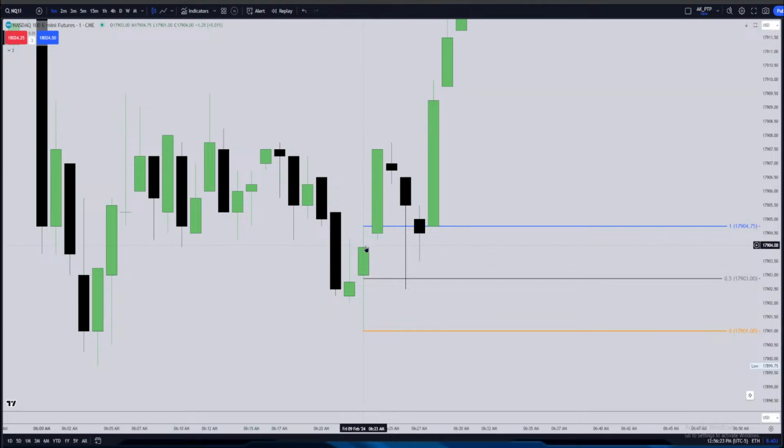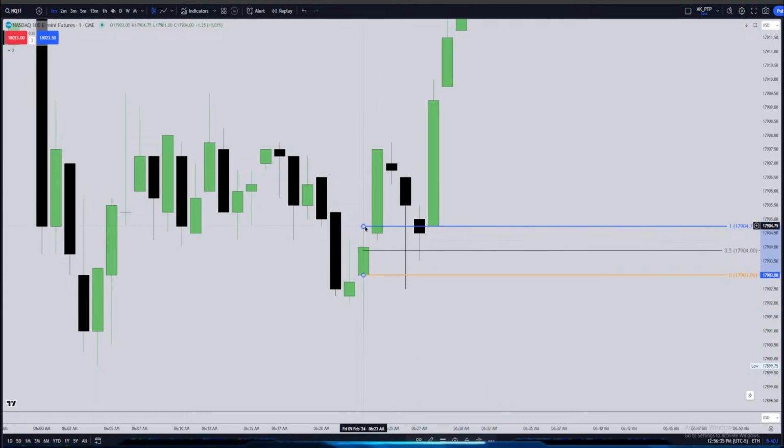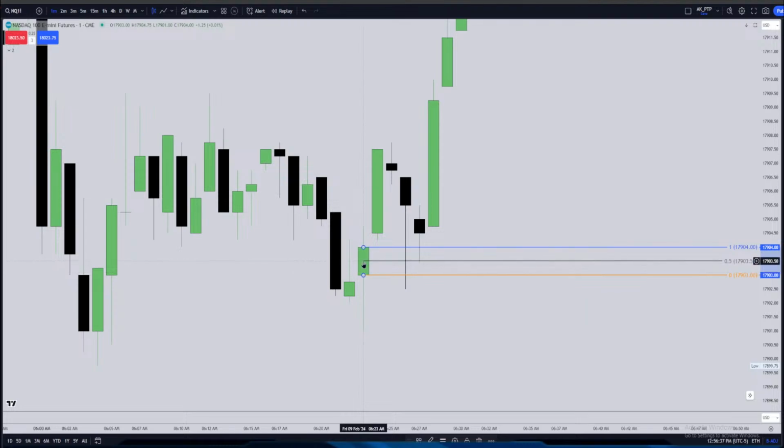If you see a long wick on the lower portion, when you are drawing your mean threshold, it's coming below your opening price, but this opening price is very important. So in this case, you look into your order block from the body so that you can have the middle point of the body of the candle.